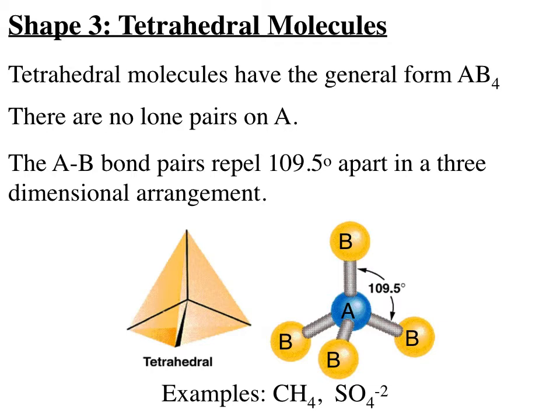Move to the third of our 13 shapes. This one I will call tetrahedral. A general tetrahedral molecule has the structure AB4, where A is in the middle, connected to 4 outward B's. Once again, there are no non-bonding pairs of electrons on the central A, so we have 4 bond pairs.